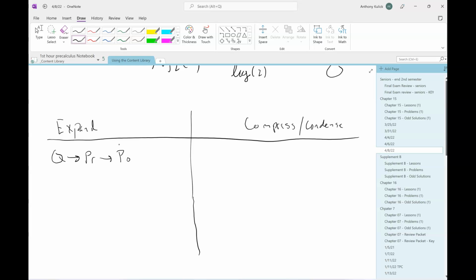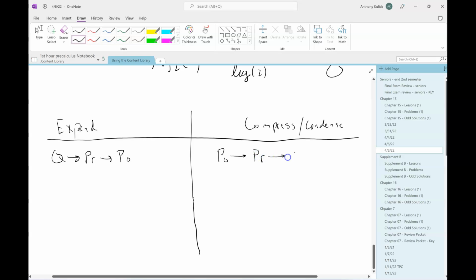But in general, that would be the way you'd want to do it. To compress, we're going to do the opposite order. So power, product, quotient.